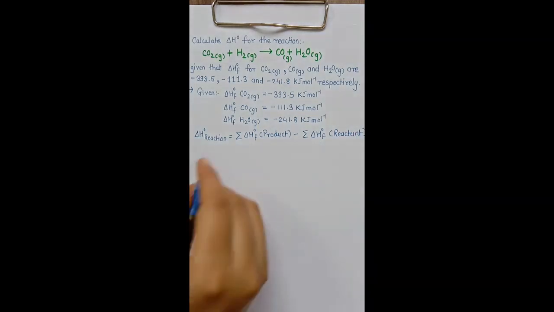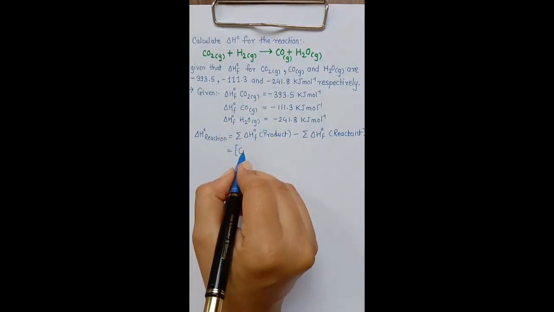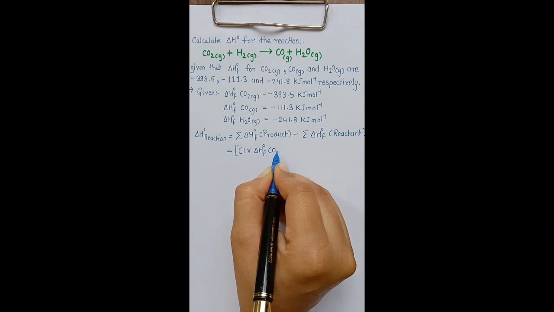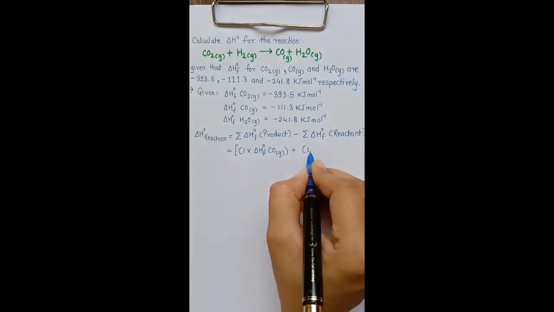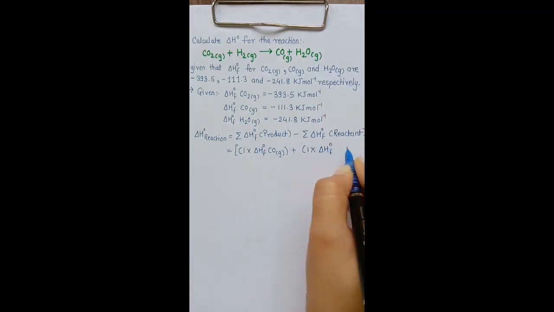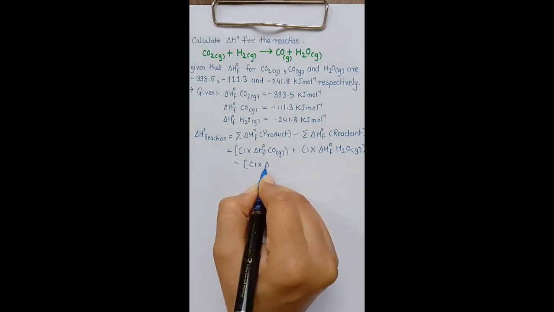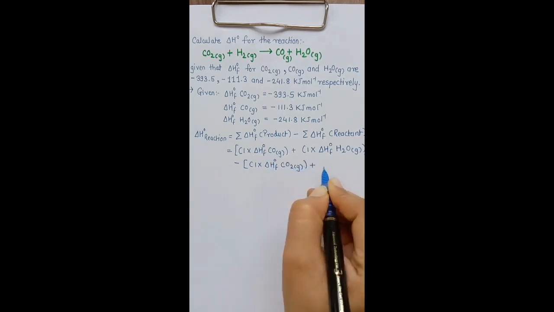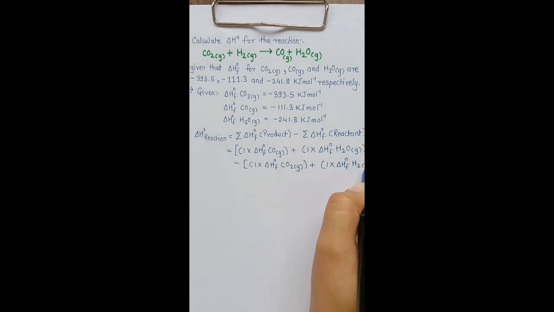Now putting the values, the stoichiometric coefficient of carbon monoxide is 1. 1 into delta HF naught of carbon monoxide plus stoichiometric coefficient of H2O is 1, 1 into delta HF naught of H2O, minus 1 into delta HF naught of CO2 plus 1 into delta HF naught of H2.